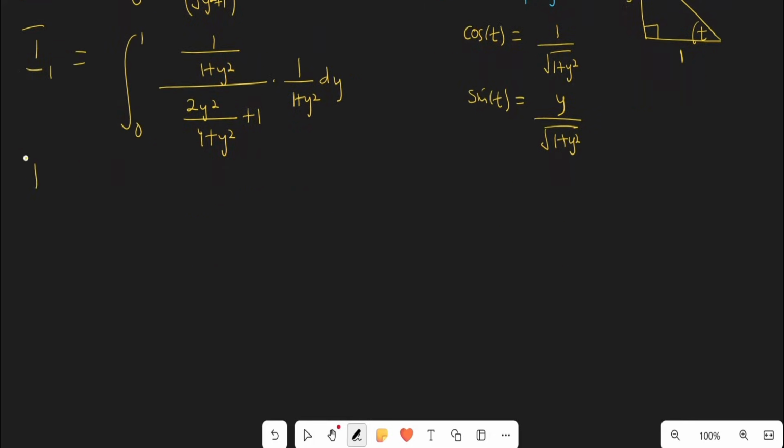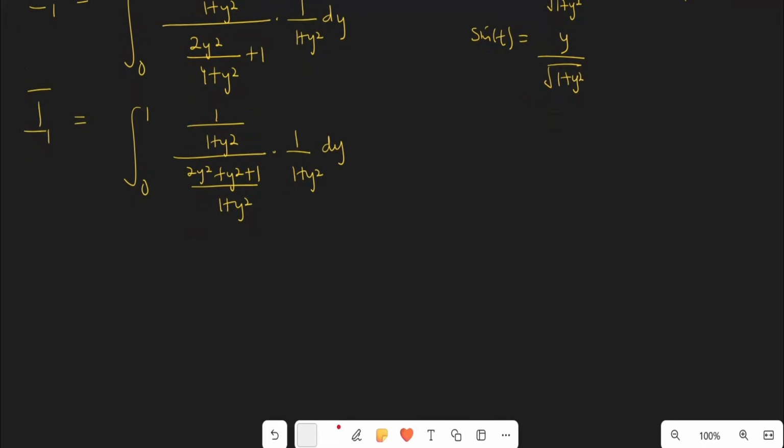So I1 is equal to the integral from 0 to 1 of 1 over 1 plus y squared, divided by 2y squared plus y squared plus 1, divided by 1 plus y squared, multiplied by 1 over 1 plus y squared dy. There's going to be a cancellation here. This one cancels this one out, and now what you are left with is this.